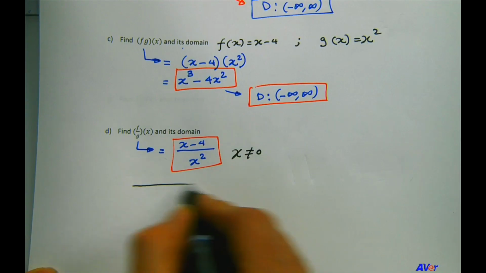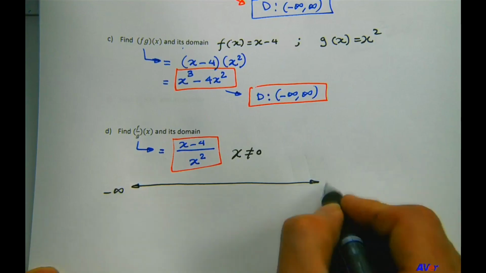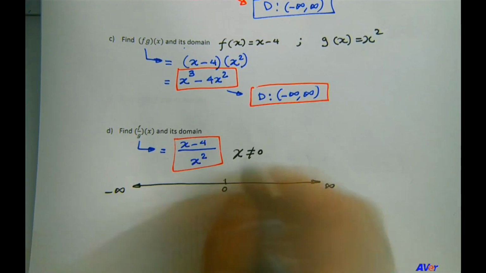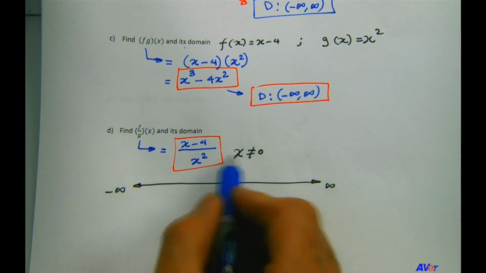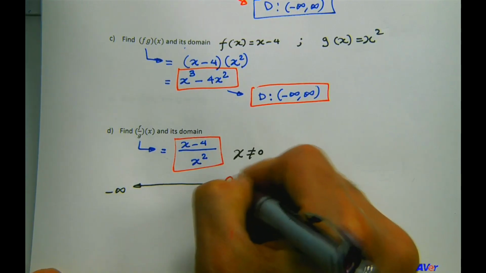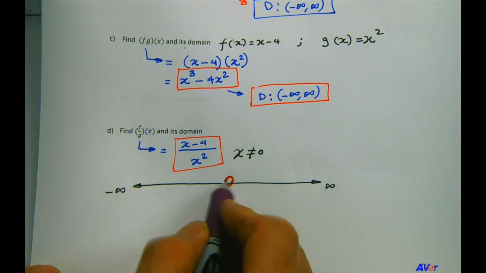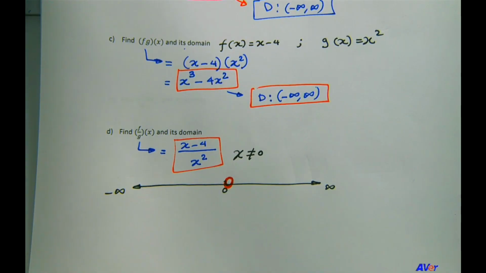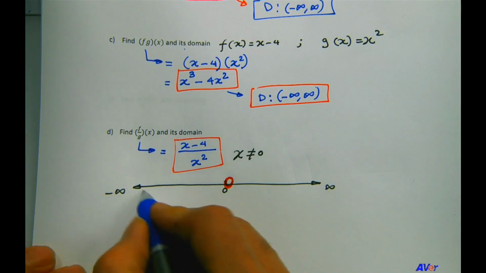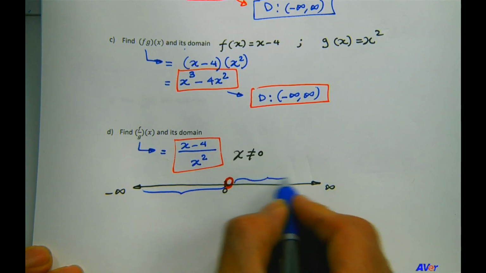Well, let's draw a graph quickly and show this. So we're saying that x cannot be 0. That means we should have a hollow circle here. Right? Domain excludes that. That's what a hollow circle means. So what is then part of the domain? This piece and this piece, right?